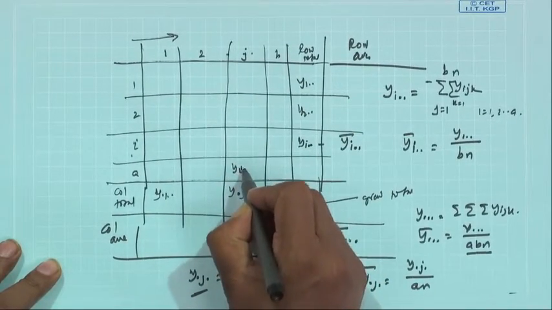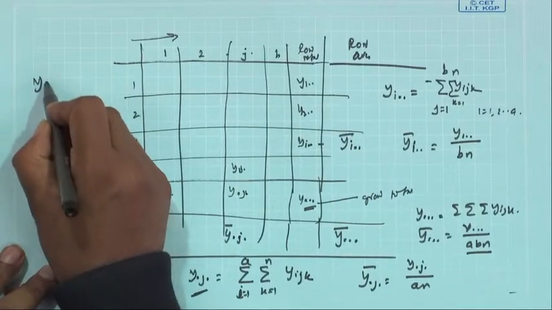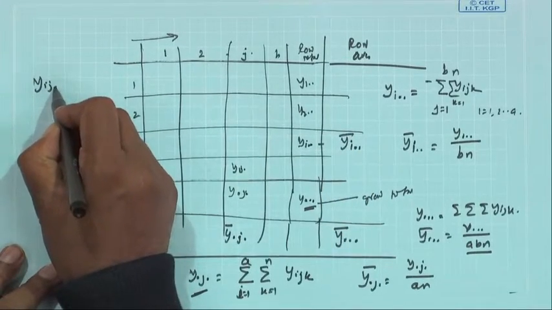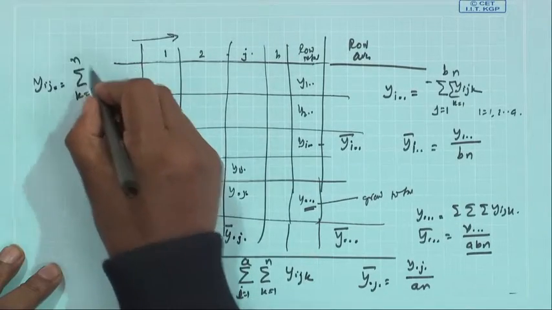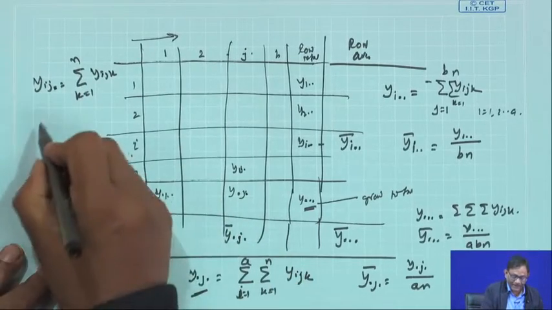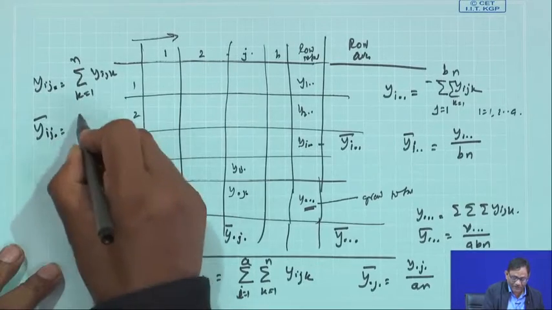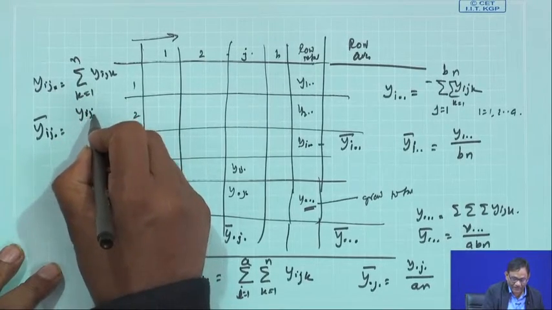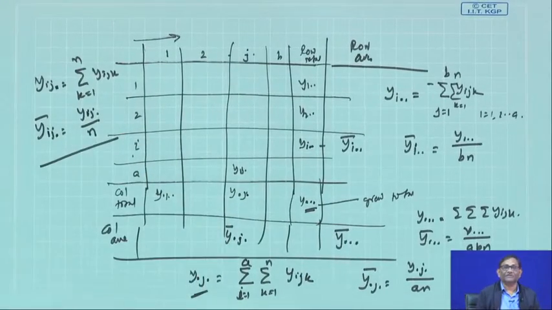This is nothing but the sum over the n observations, k equal to 1 to n, of y_ijk, that means the cell total. And then the cell average, y_ij. bar, will be the cell total divided by how many observations you have counted there, n observations.